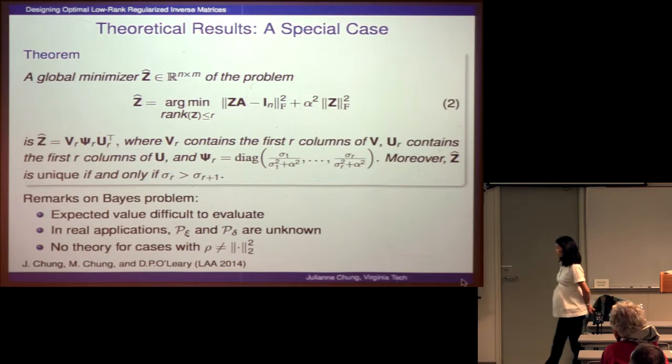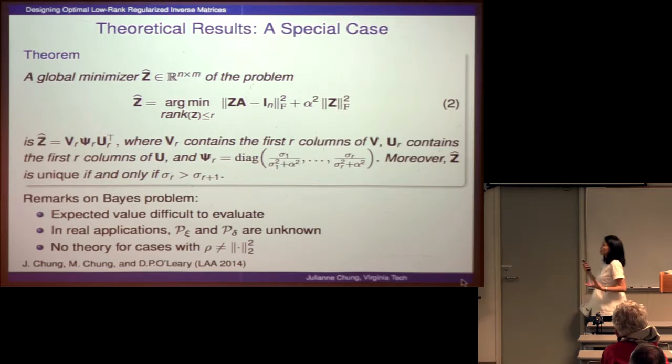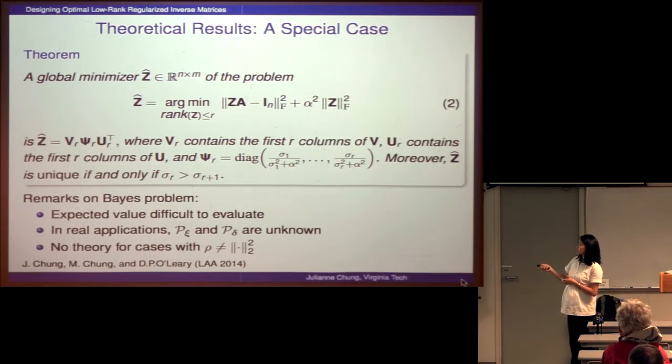Okay, so what does this tell me? It tells me that the truncated Tikhonov, right, it's a truncation because you only go up to R, and it's a Tikhonov form. That particular reconstruction matrix, Z hat, minimizes this problem.